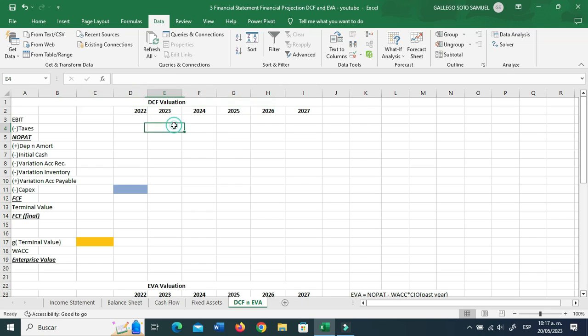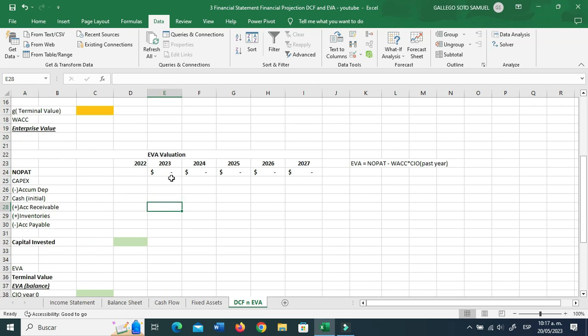The discounted cash flow takes into account that you're investing something, progressively increasing your investment, and subtracting the cost of that from the money you receive from the investment you made. This one, on the other hand, look at the formula here.